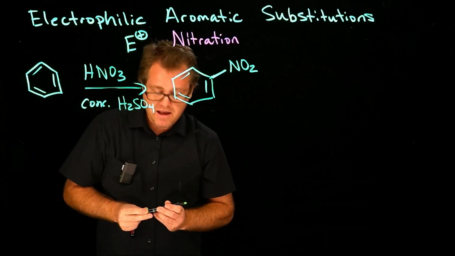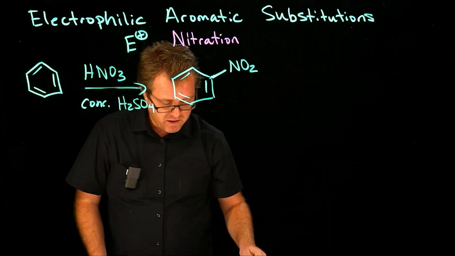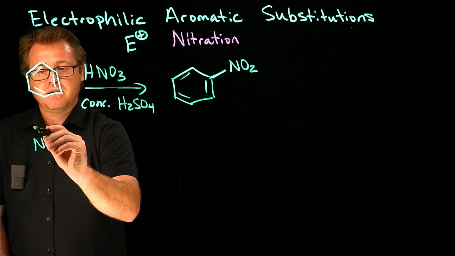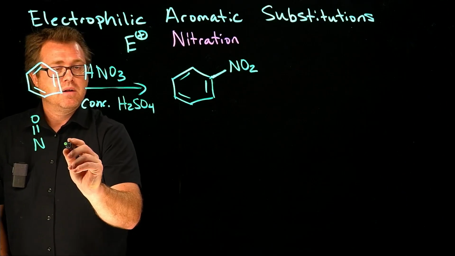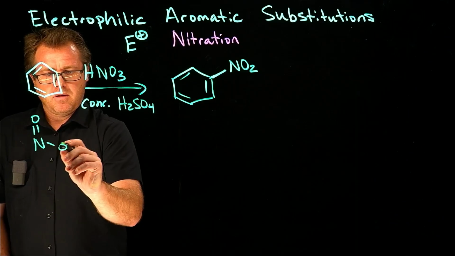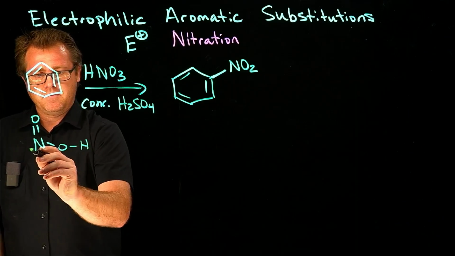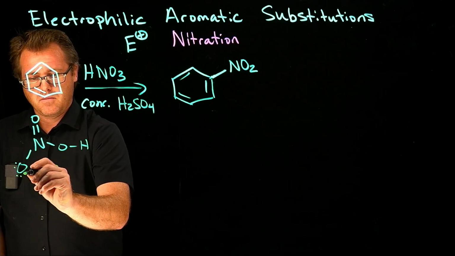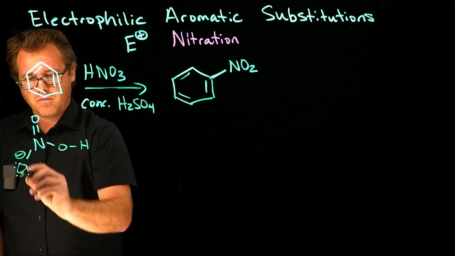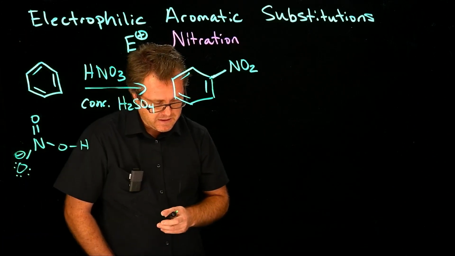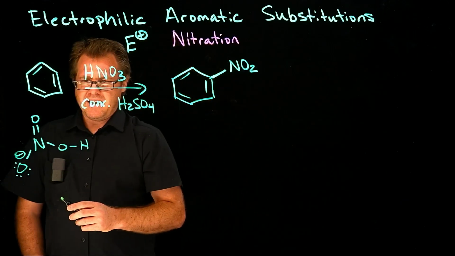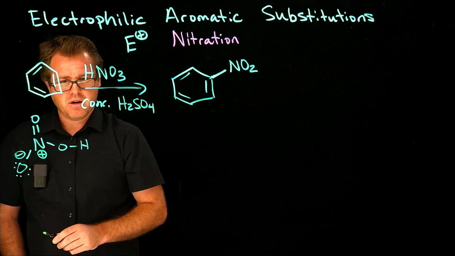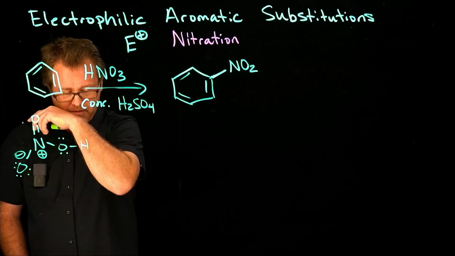We're going to take our nitric acid, which looks like this: a nitrogen, double bonded to O, OH, like so. That nitrogen has 4 bonds, so it has to be positively charged. We have a lone pair there.